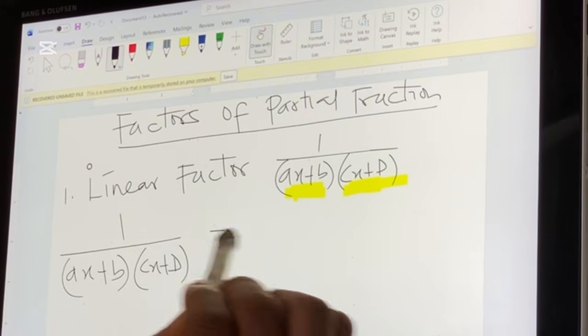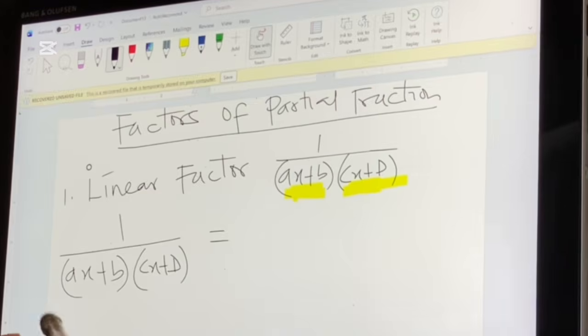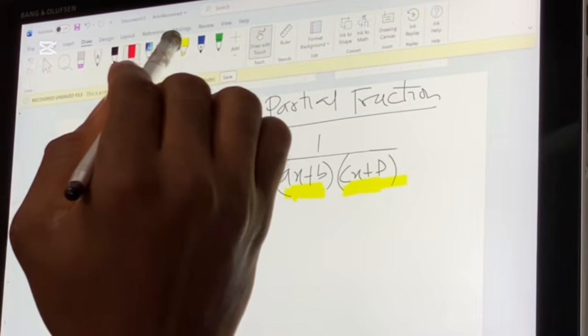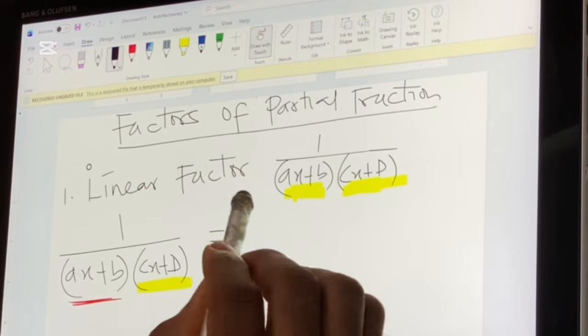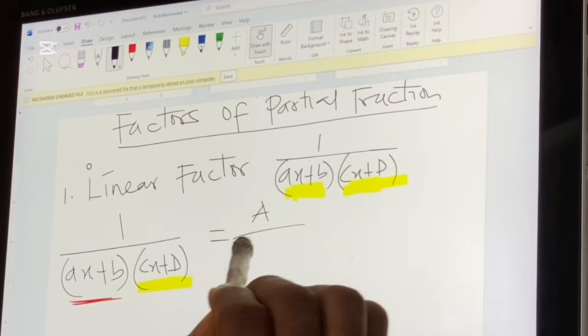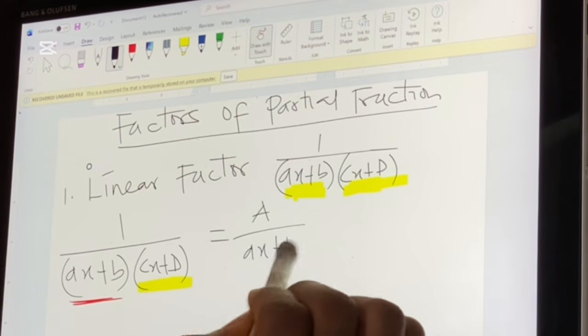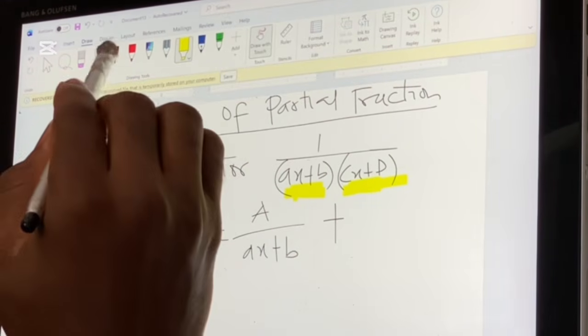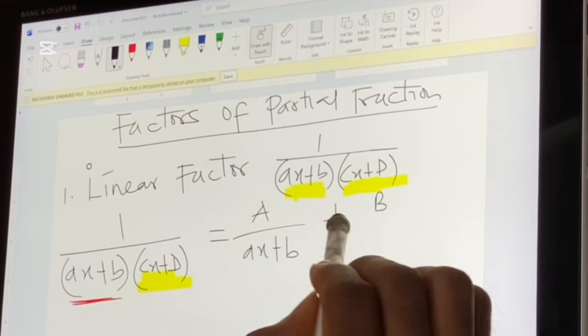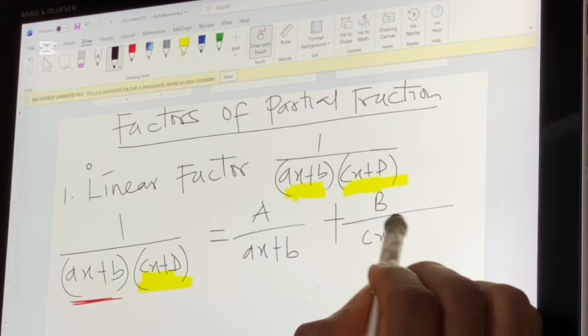The solution for all linear factors is that you assign a constant letter to each of the factors here. Let's choose the first letter, which is A. We'll say A over as plus b, plus, assign a constant letter to this, B over cs plus d.